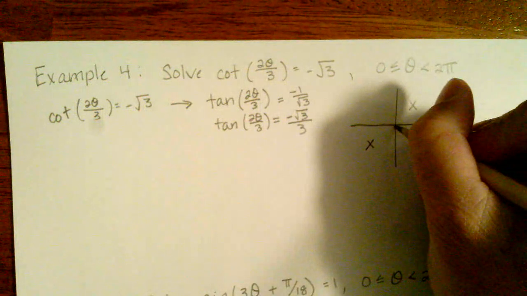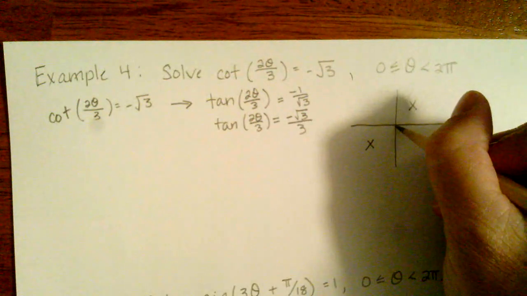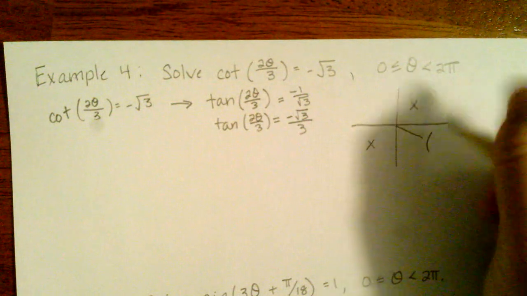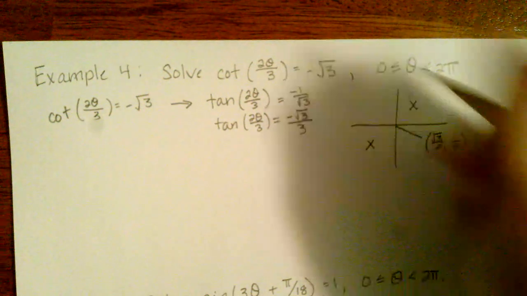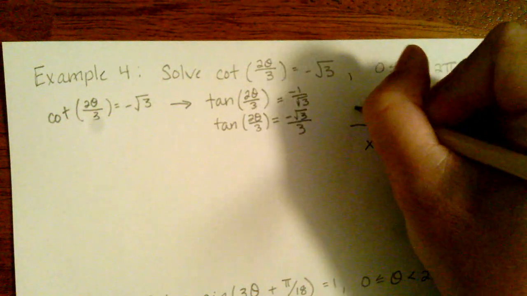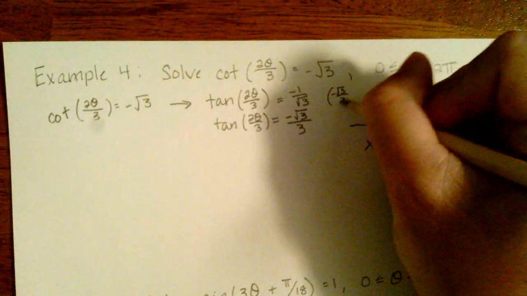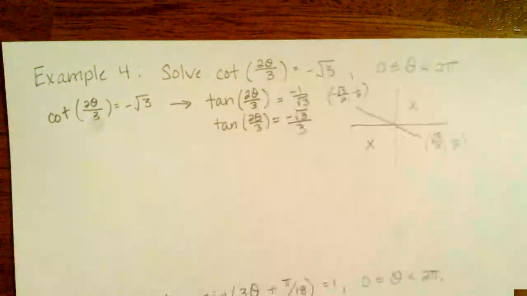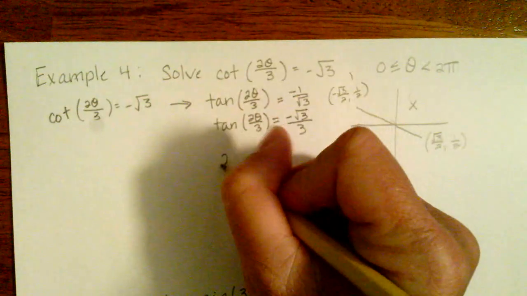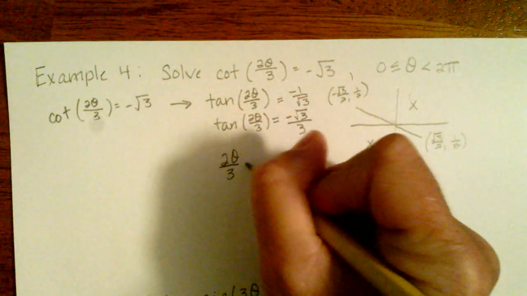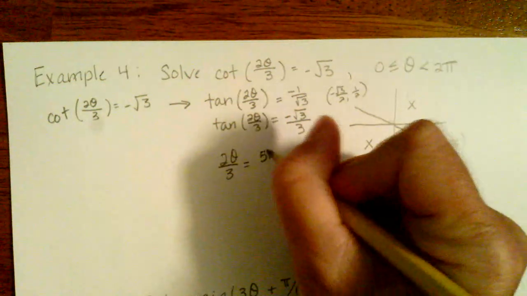So thinking about this, I realize that that corresponds to the points square root of 3 over 2, 1/2, and negative square root of 3 over 2, 1/2. Okay, so I see that my argument, 2 theta over 3, needs to be equal to 5 pi over 6.